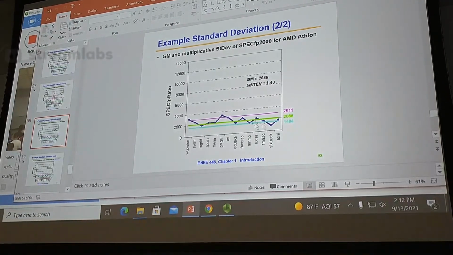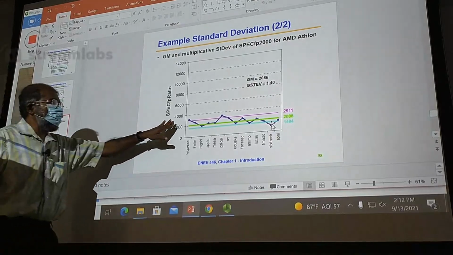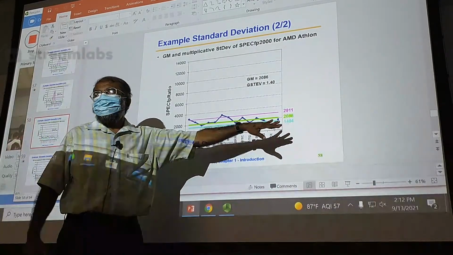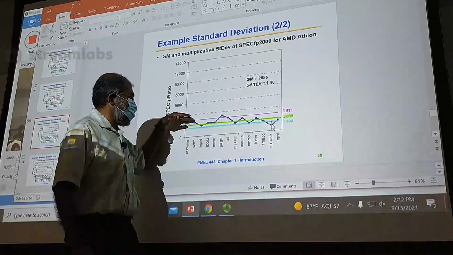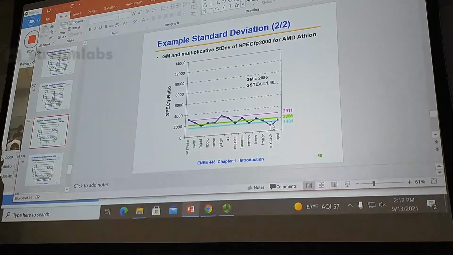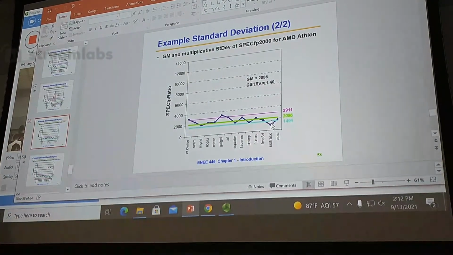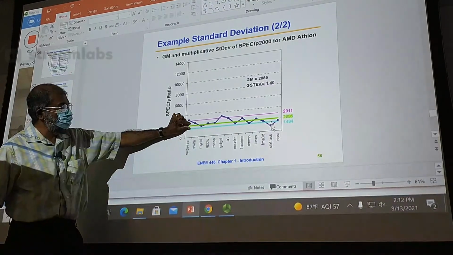So it's lower than that, but it's more predictable. You see, for the Intel one, it was going up and down like that. Here, more or less everybody has approximately the same SPEC ratio value. So naturally, the geometric standard deviation is also smaller.